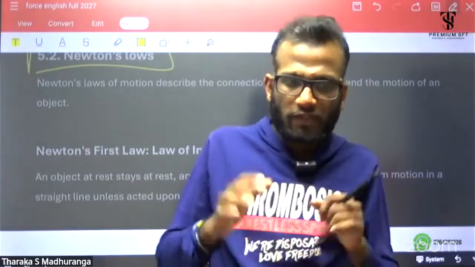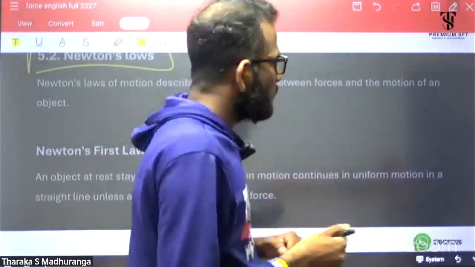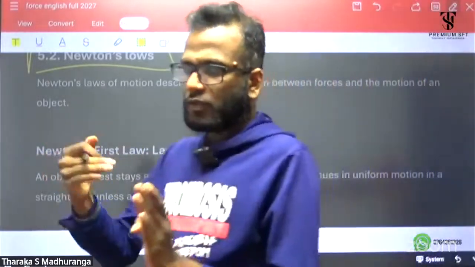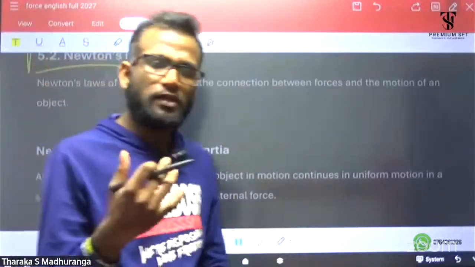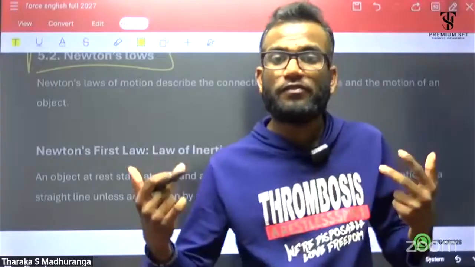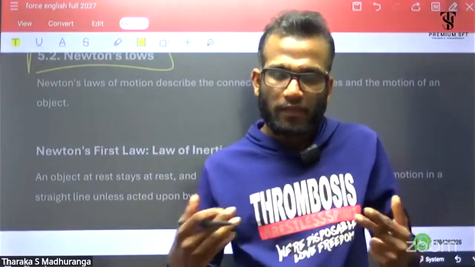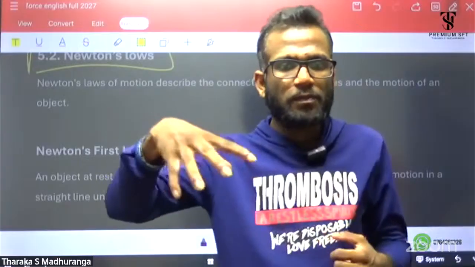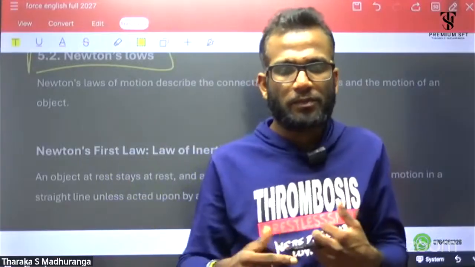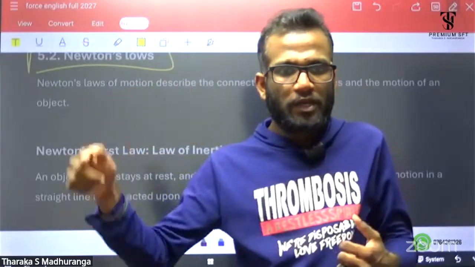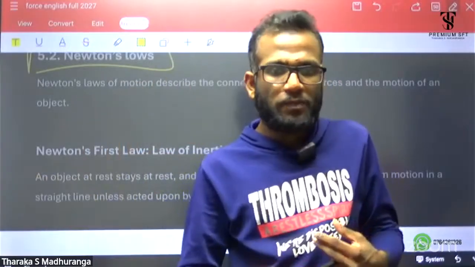Therefore our main target this January, these 2 weeks and the January month, is to complete force, mechanical properties and work energy power. Then a considerable part of our syllabus will be covered.